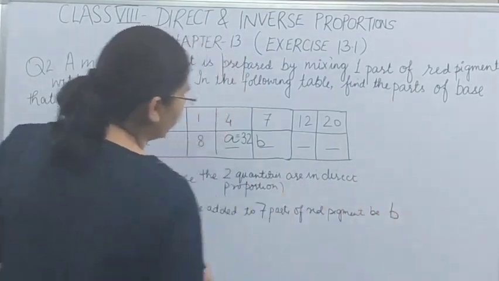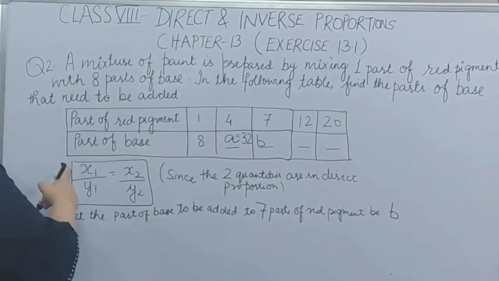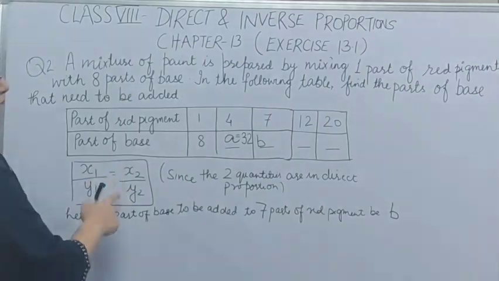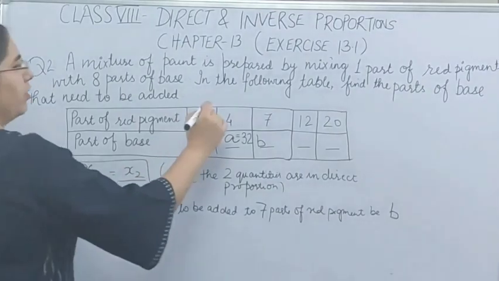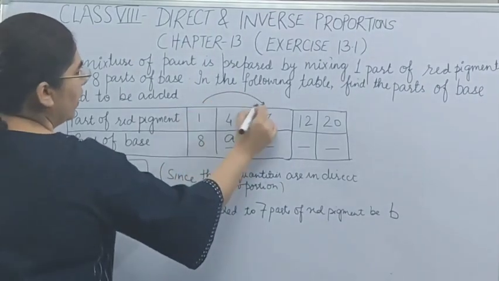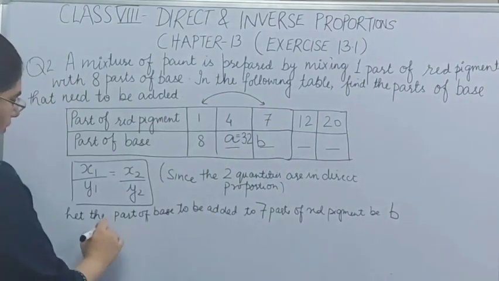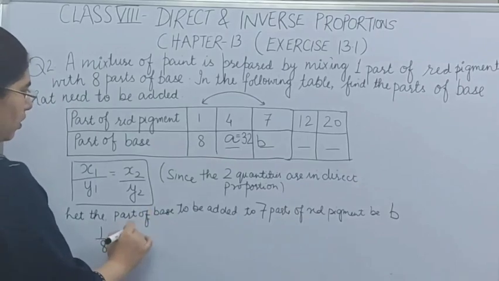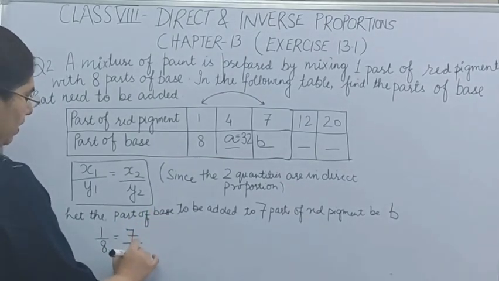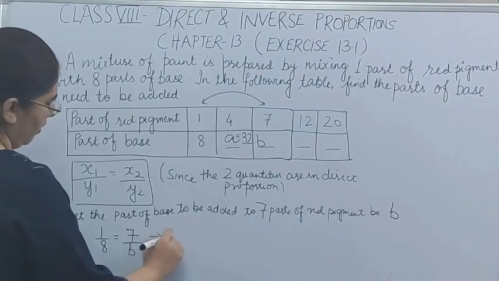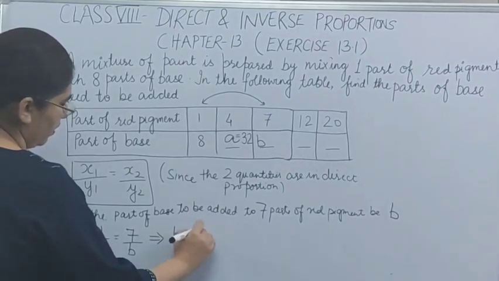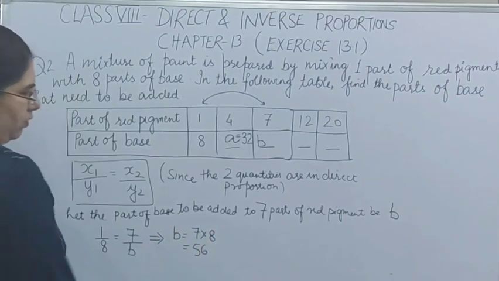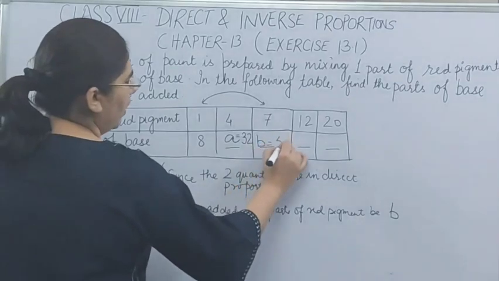Now, again using the same fundamental that x1 by y1 equals x2 by y2, we are just substituting values. So, we take this and this and we say 1 by 8 equals 7 by B. So, this implies B is equal to 7 into 8, that is equal to 56. So, what do we say?